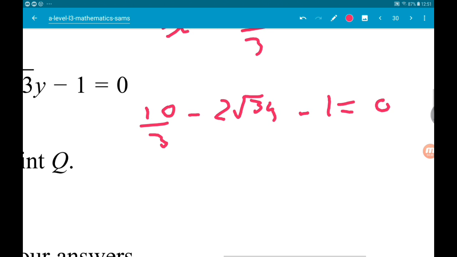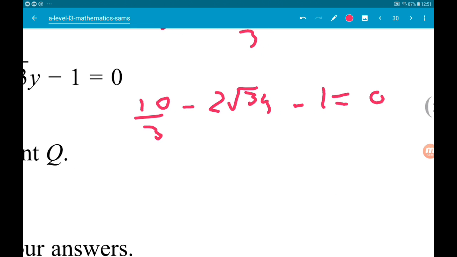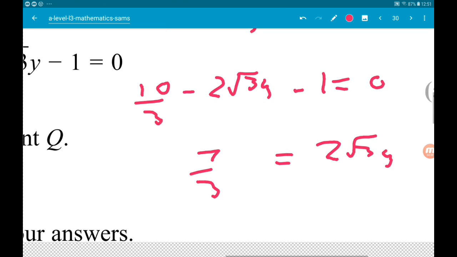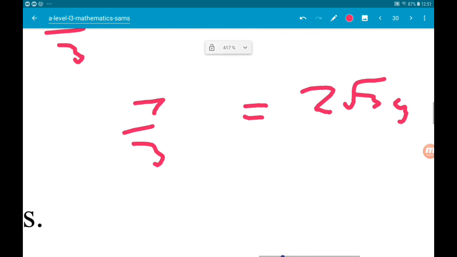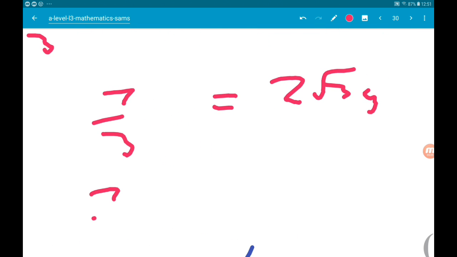So if we add 2 root 3y to both sides and do 10/3 minus 1, we get 7/3 is equal to 2 root 3y. If we divide by 2, we run out of room. We get 7/6 is root 3y.